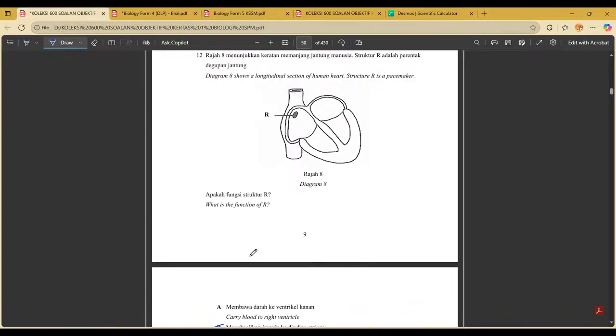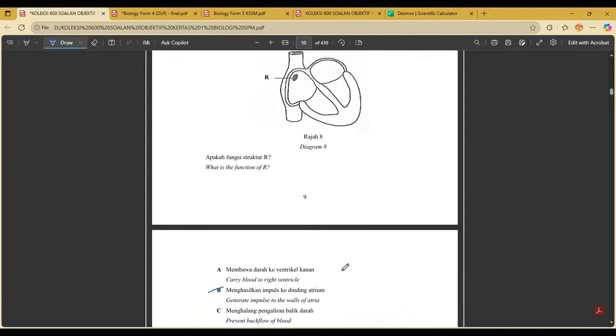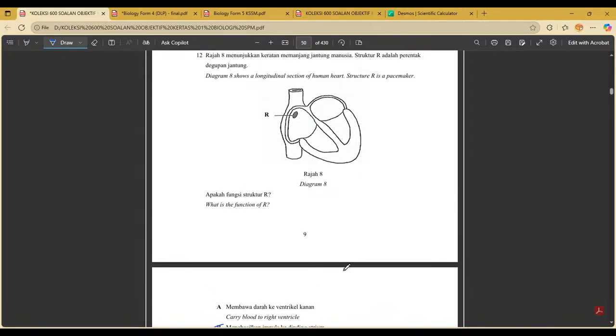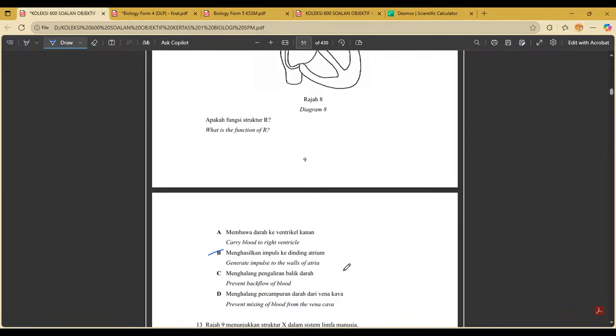This question is definitely to trick people who don't read this part, because this is the left ventricle, left atrium. My bad. So it takes in the right atrium. My bad.